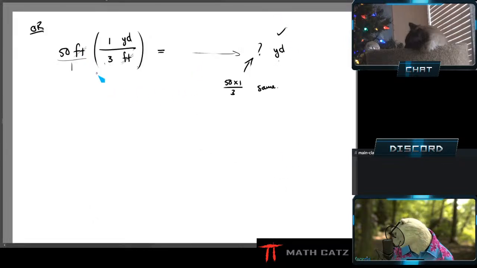It's simply a matter of multiplying by a fancy 1. Write it fancy. Because 1 yard and 3 feet, they're the same length. So they sort of cancel each other. But this allows me to convert the unit.